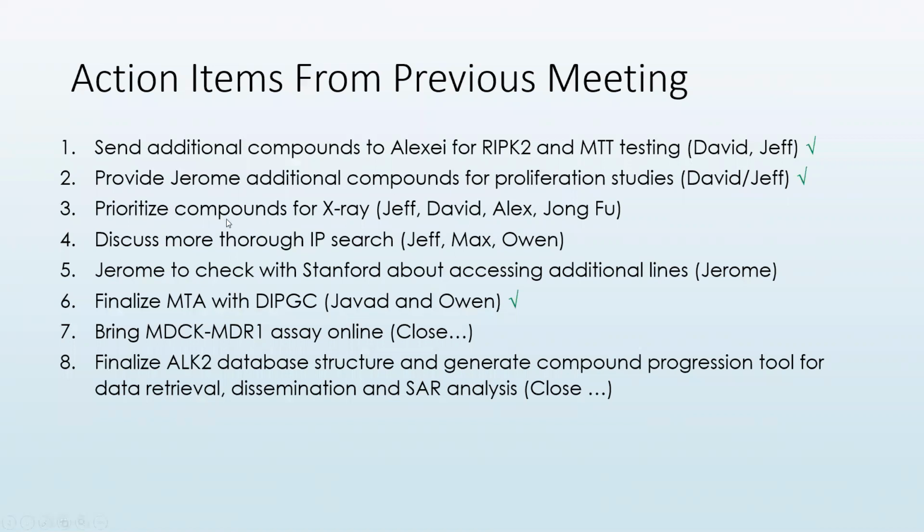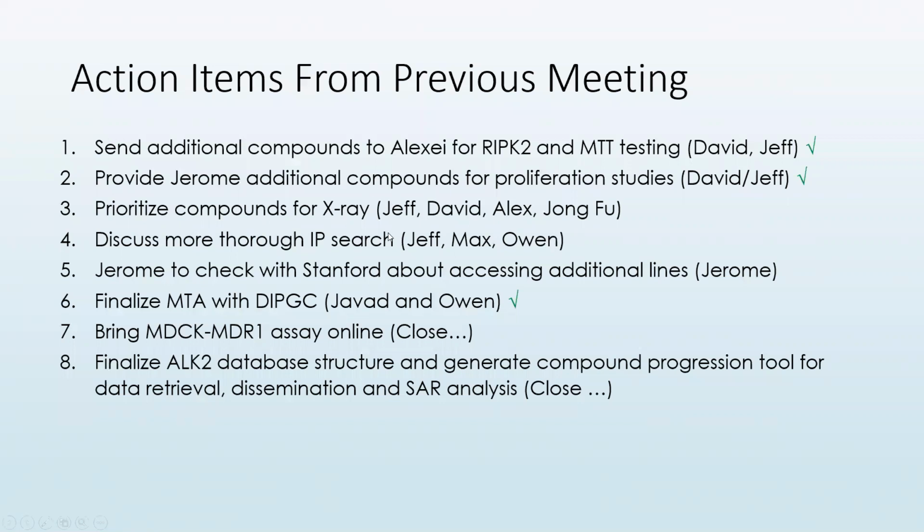We wanted to continue to prioritize compounds for X-ray, and I think we're doing that. Oxford is trying a bunch of different conditions, and perhaps we'll hear a little more today from Alex. I know there have been some issues with protein, so we'll see what's happening there.